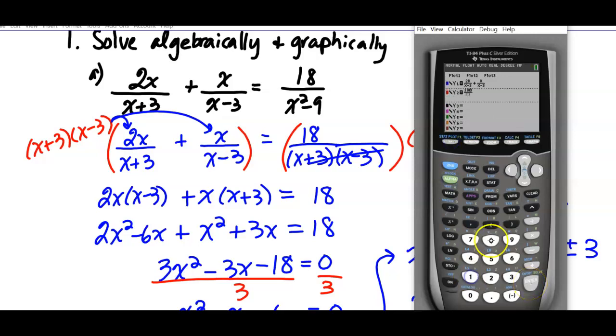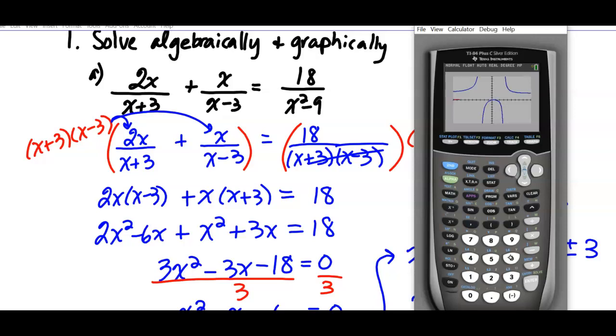Maybe I made a mistake with factoring, right? Okay, and then I'm going to do a standard screen. My solution, I think it is 2, which will show up on the standard screen.